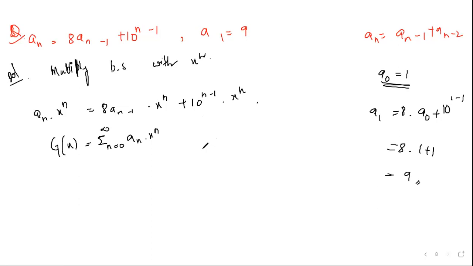So over here, what will be G(x) minus 1? G(x) minus 1 is given as the sum from n equal to 1 to infinity. This is the reason we took a_0 equal to 1. We wanted to start n from 1 to infinity. I'll write it a bit more clearly.